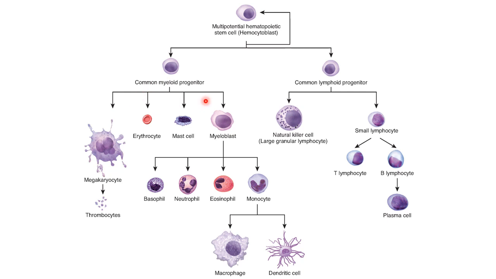And the tendency of the myeloid progenitor to become a particular type of cell would rely on the amount of hormones or interleukins present in the blood. For example, if in the blood there is a lot of erythropoietin, that will cause the myeloid progenitor to become an erythrocyte. Okay?